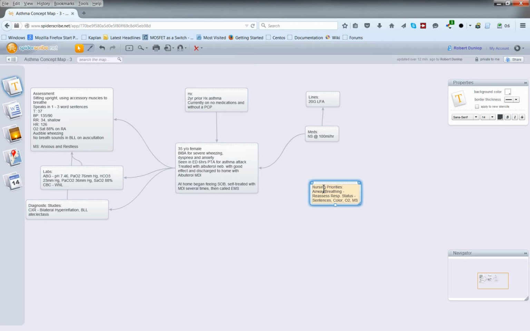Is her anxiety being relieved? Is she starting to demonstrate that she's getting better oxygenation? So, again, color, speaking, and work of breathing. Is she using those accessory muscles still? Those are the things that I'm going to be concerned about.